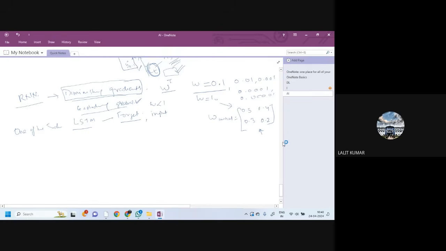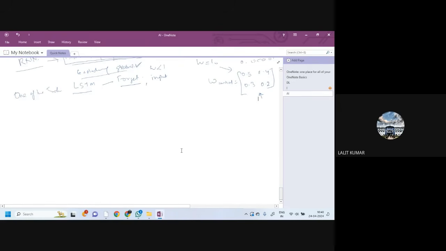Now I'll cover one diagram for understanding this, and please note it down in your notebooks also. It is very, very helpful; then the whole LSTM understanding comes. In LSTM, we carry two values, ST minus 1 and HT minus 1.